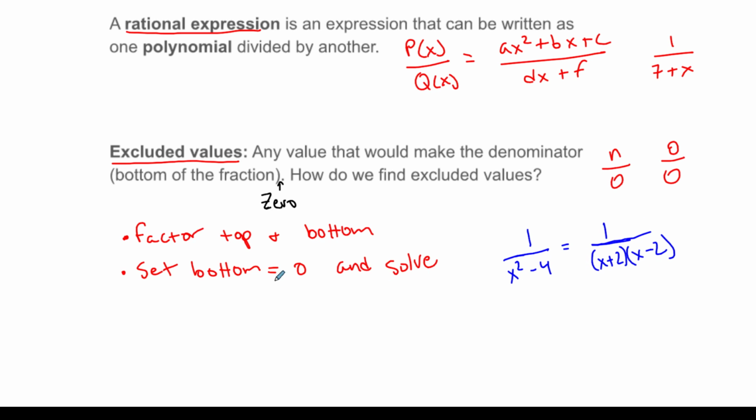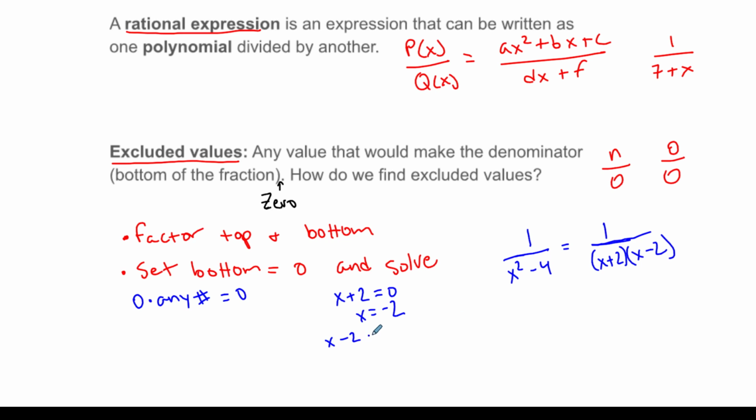If we remember, 0 times any number is always going to be 0. So we only need one factor to be 0, right? If x plus 2 equals 0, that means we were plugging in negative 2.